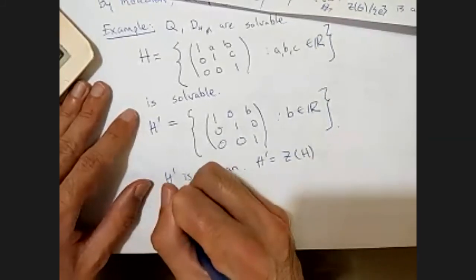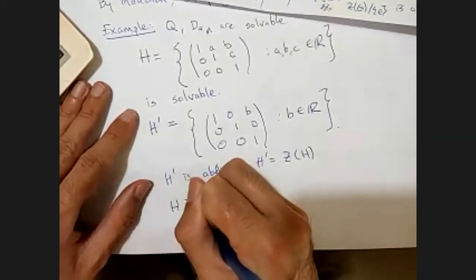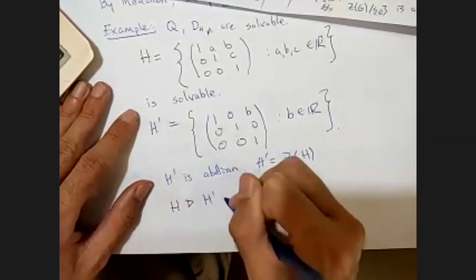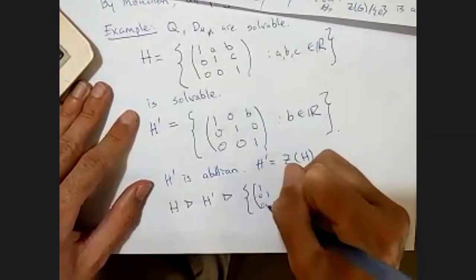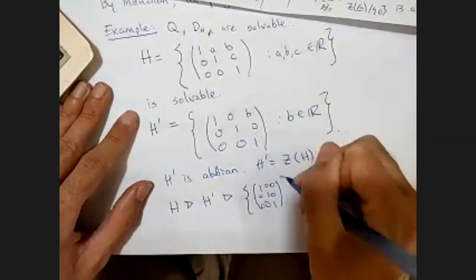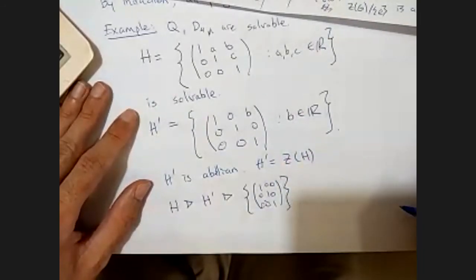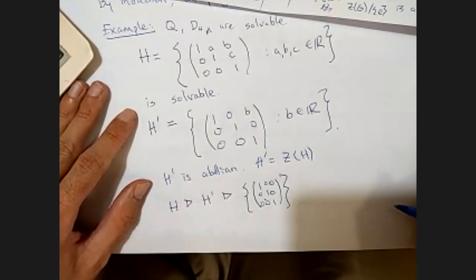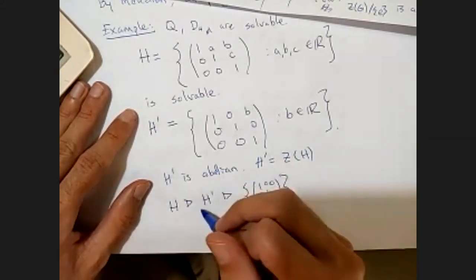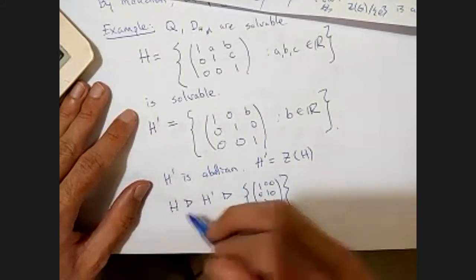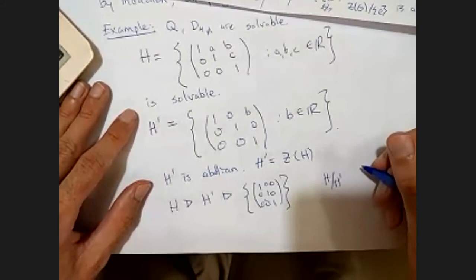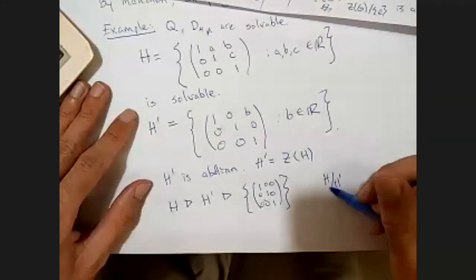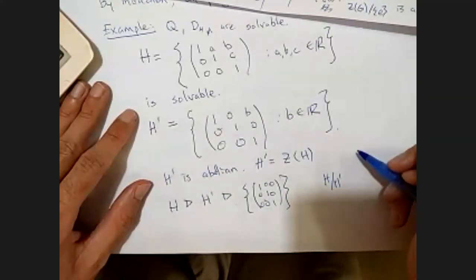Now we look at this series for H. Now we have this normal series for H. H mod H prime is abelian, because that is true for whatever group I have.